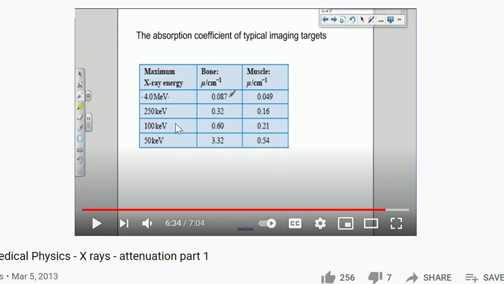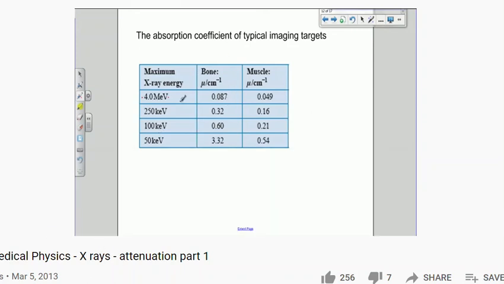So as kVp goes up, your differential absorption changes so drastically that you can increase your kVp to a point where you get almost no absorption in the bone, and the penetration of the bone and the muscle become more similar. So to maximize our contrast, what we have to have is a high rate of absorption in bone as opposed to in soft tissue. And we do that by decreasing our kVp.